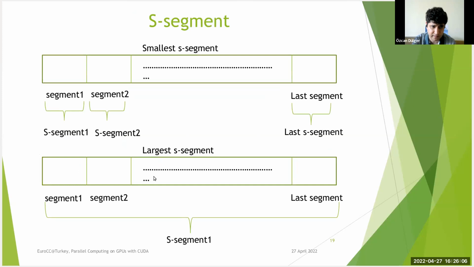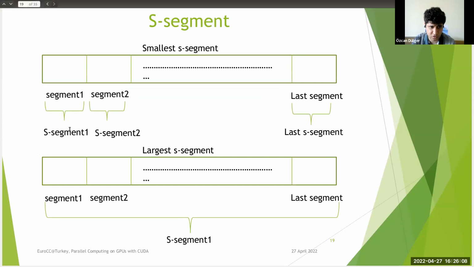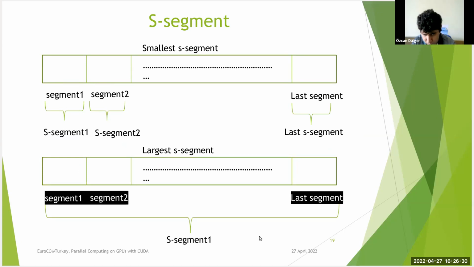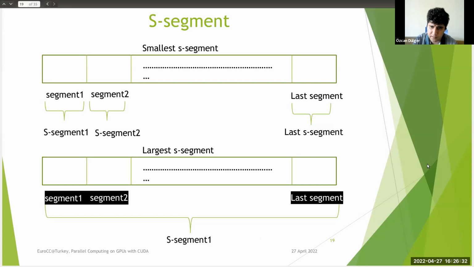The smallest S segment consists of a single real segment, as you see, and the largest S segment consists of all segments in the device array. The largest S segment here consists of the whole array in our definition.